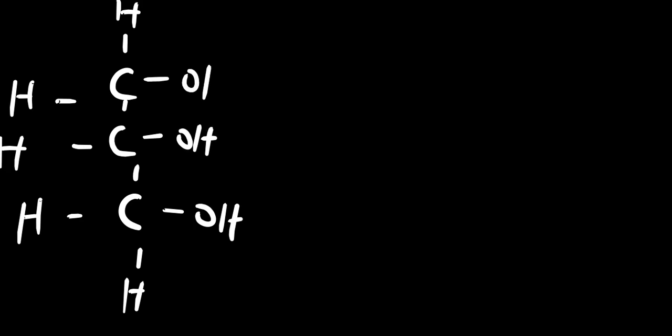Let's say these are carbon atoms. This is the structure of an alcohol, so it has a lot of hydroxide groups. Now we're saying this is combining with 3 fatty acid chains.